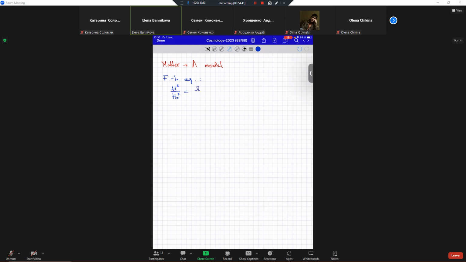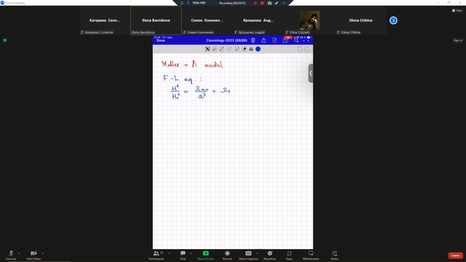So I will keep omega m0 divided by a cube, this is matter, plus omega lambda 0.